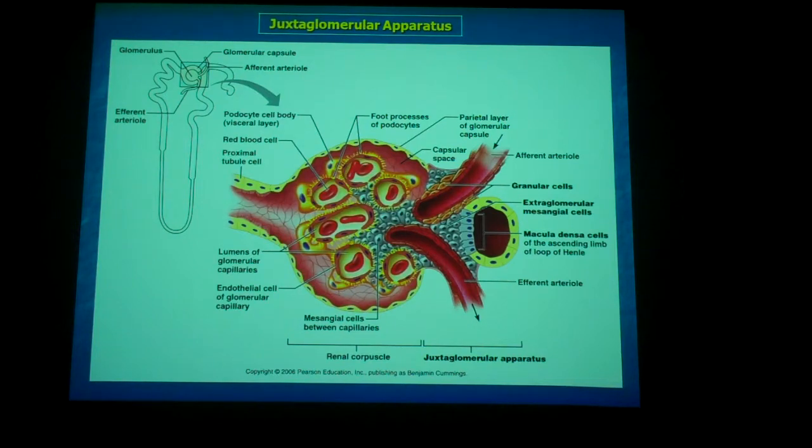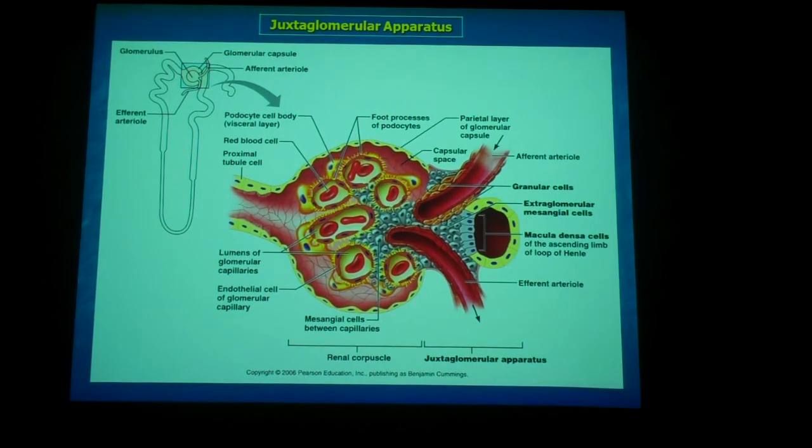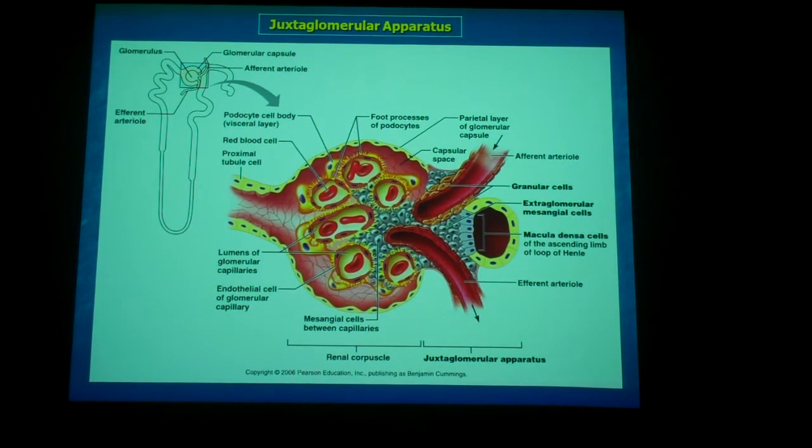Renin triggers the release of angiotensinogen from the liver. Angiotensinogen is converted to angiotensin I. That's not the active form. Angiotensin I has to be converted to II. That happens mainly in the pulmonary capillaries, via an enzyme called angiotensin converting enzyme. Angiotensin II is the active form.